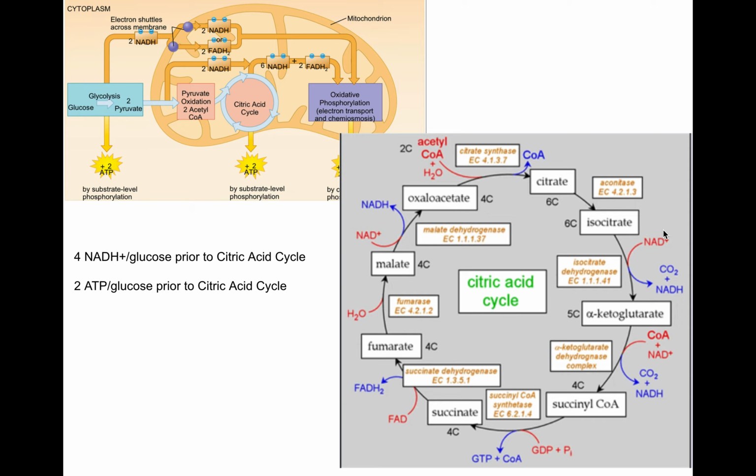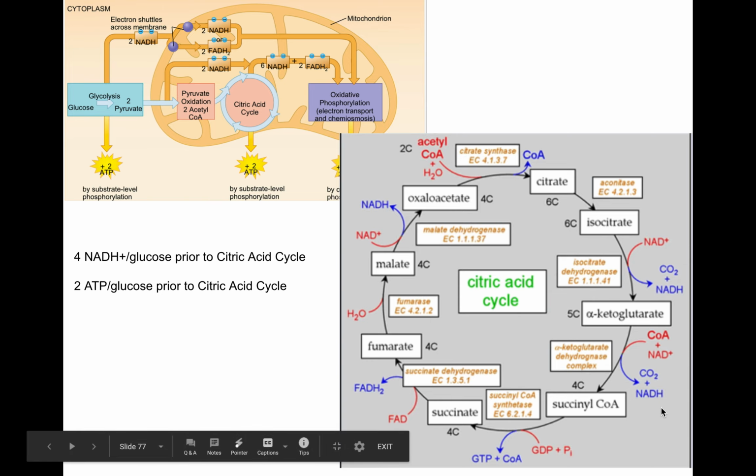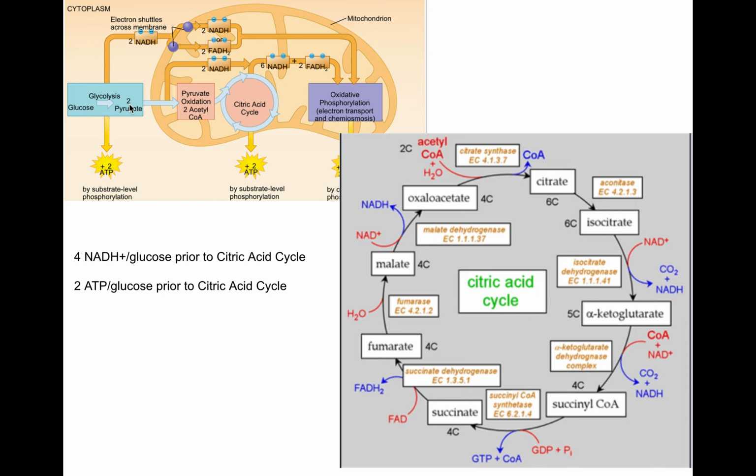And then as you're moving through, you get 1 NADH molecule, 2 NADH molecules, but that's only for 1 acetyl-CoA. And remember, you get 2 pyruvate molecules from glycolysis. Therefore, you will get 2 acetyl-CoA molecules coming from the pyruvate oxidation, coming from 1 glucose molecule.